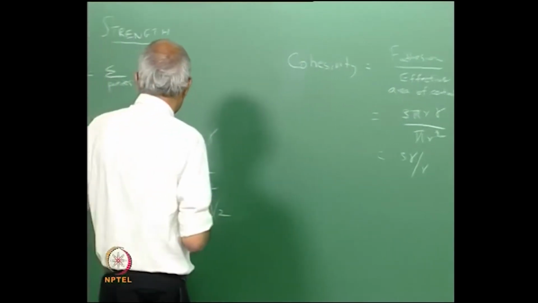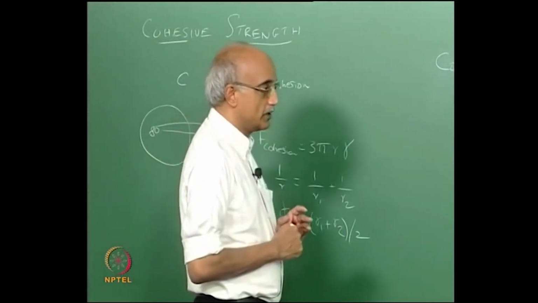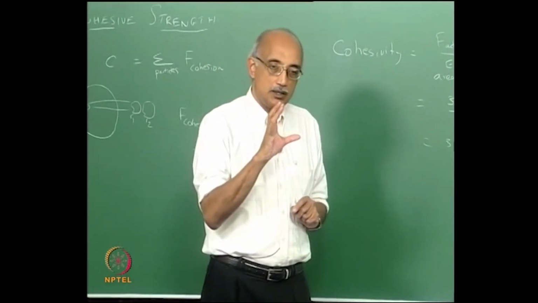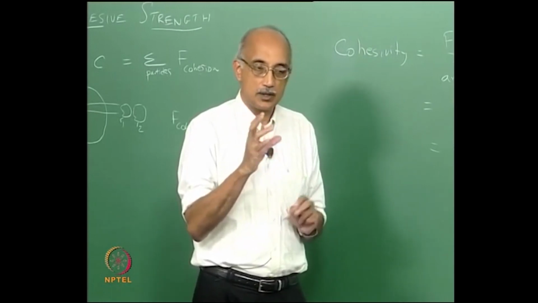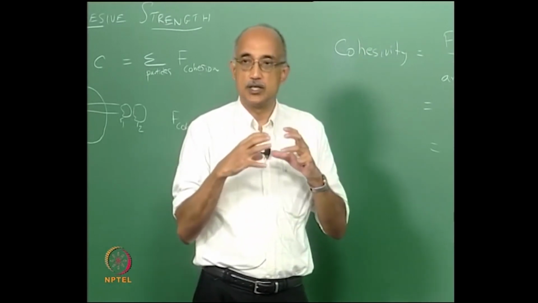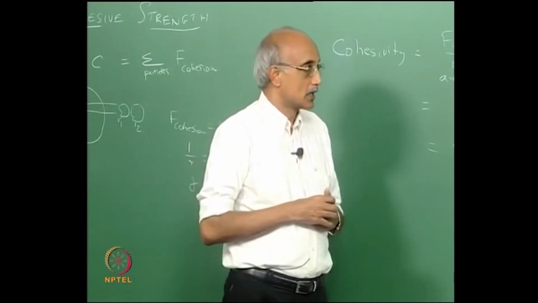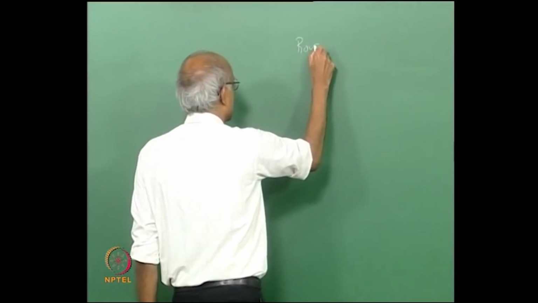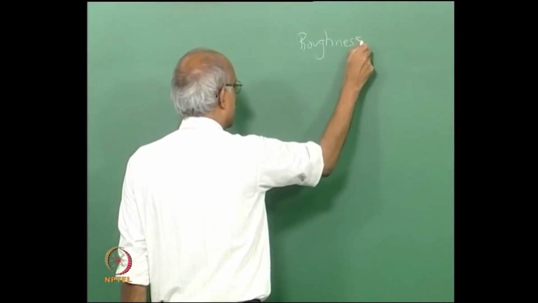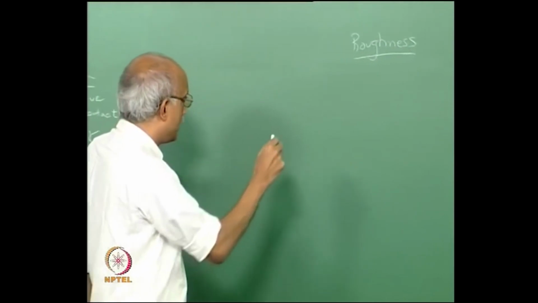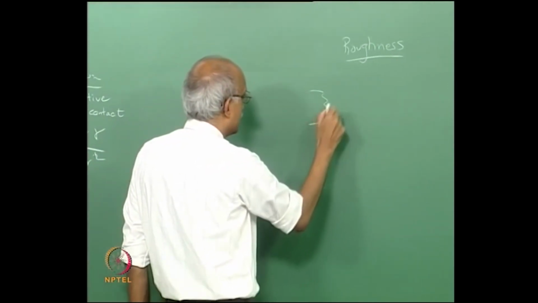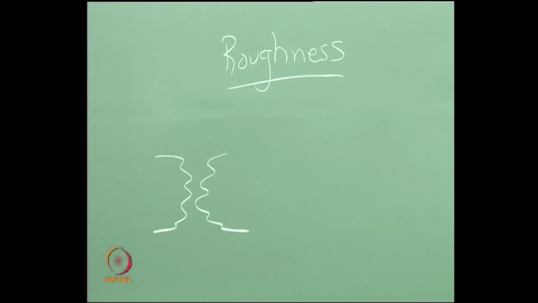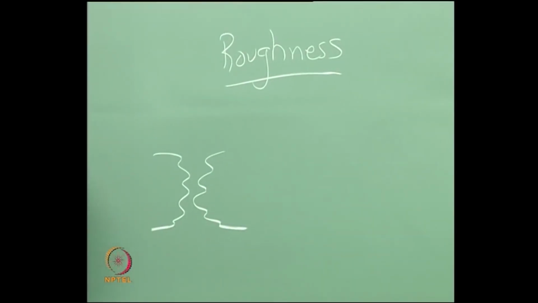Now, this discussion is obviously valid only when you have very smooth surfaces, so that you can establish the area of contact by simply modeling two smooth spheres that are near each other. But in reality, roughness plays a significant role. The kind of role that it plays depends on the roughness asperities and essentially how well they match up against each other.